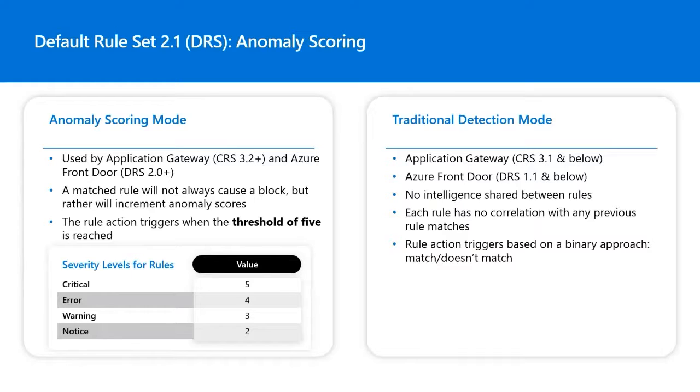Anomaly scoring is a shift in threat detection. It introduces a dynamic and nuanced method. Instead of a binary trigger, it assigns scores to traffic based on deviation. This allows for a more sophisticated analysis, considering the cumulative behavior of requests and enabling a context-aware response. The benefits of anomaly scoring: it's adaptable. It swiftly adapts to new threats, not relying on predefined signatures.